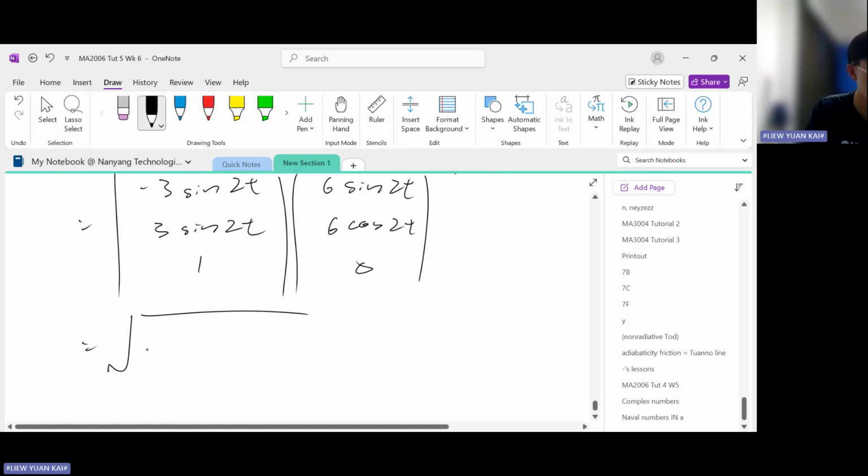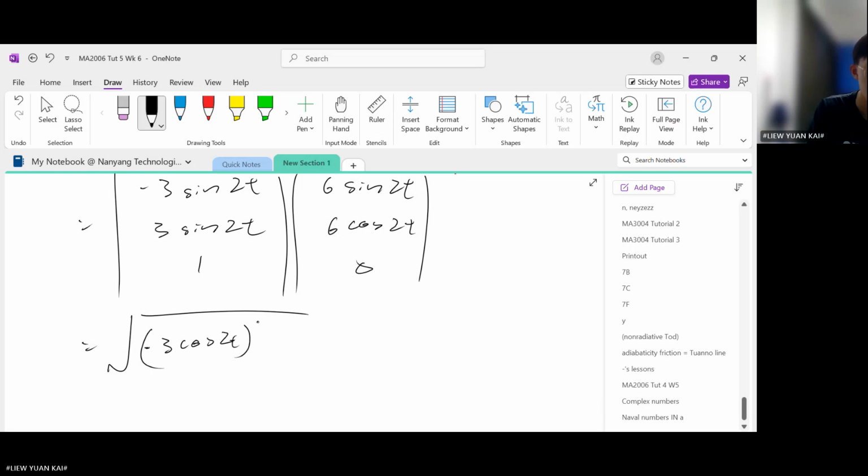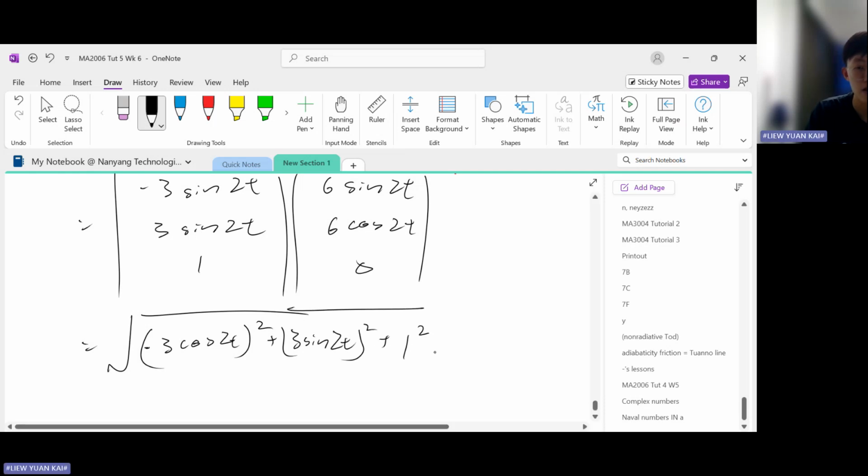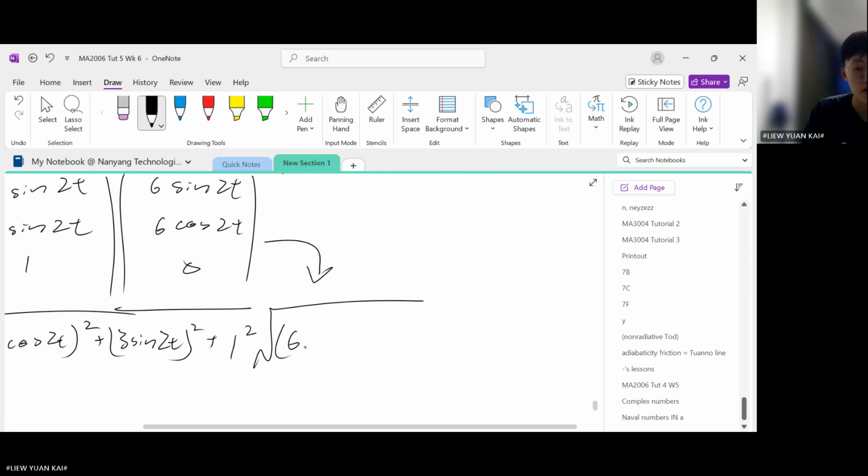So take the square root of the first entry squared, plus the second entry squared, plus the third entry squared. Okay, and then don't forget the magnitude of dg dt. So square root of the first entry squared, plus the second entry squared, plus the third entry squared.